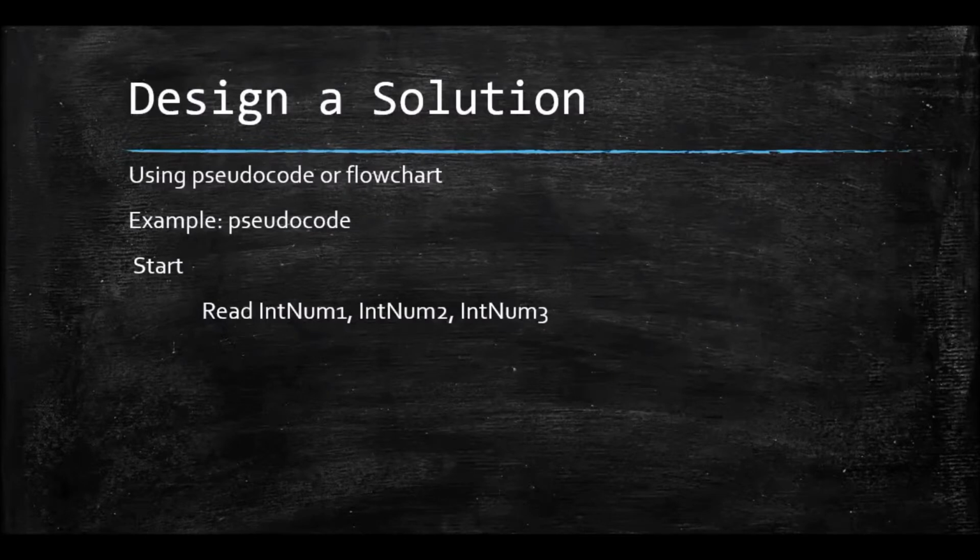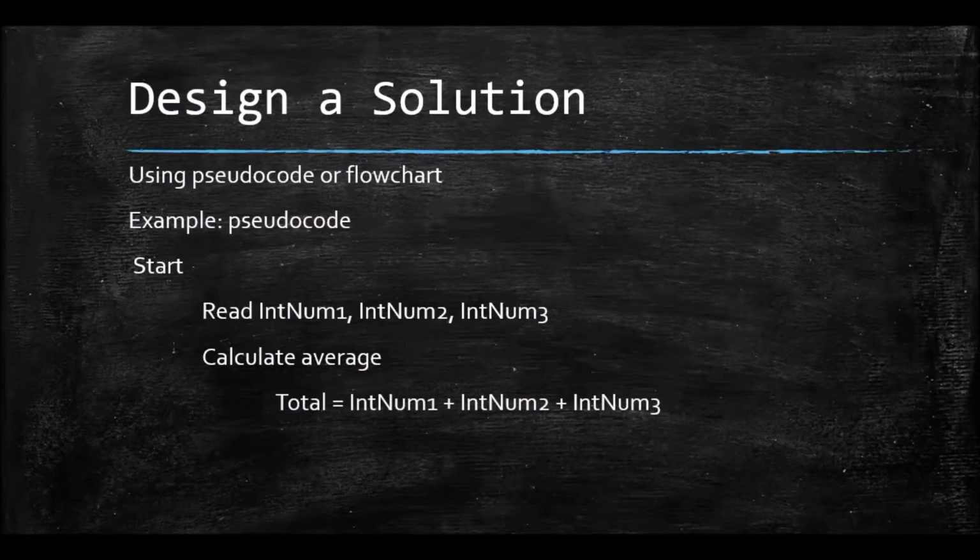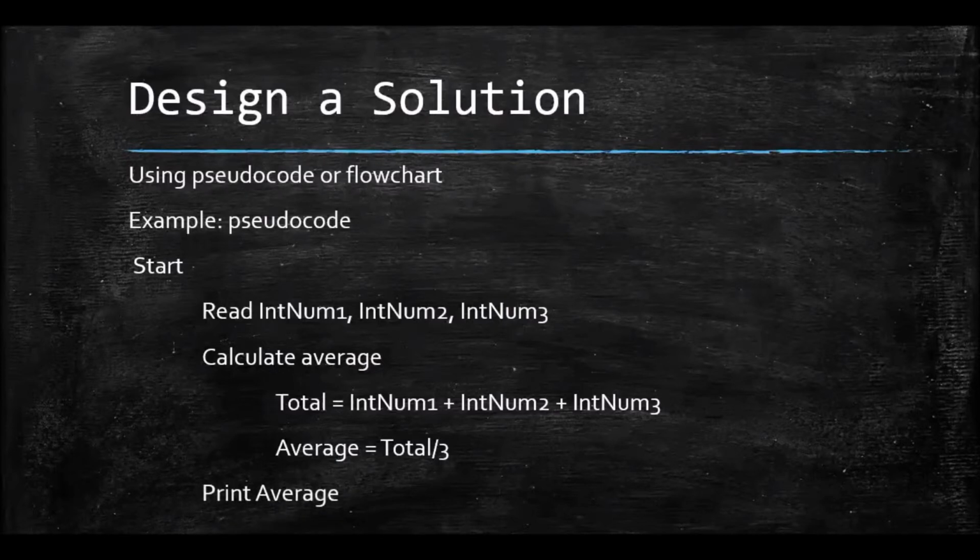Then proceed with the word calculate, and list any formula that we wrote in process, indicating that the system must calculate the input based on the process. Proceed with the word print. Print the output, indicating that before the system ends, it will print or show the output, which in this question is the average. Finally, end the pseudocode with the word end, indicating that our system will end.